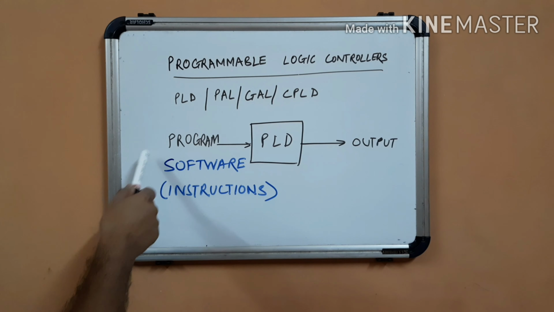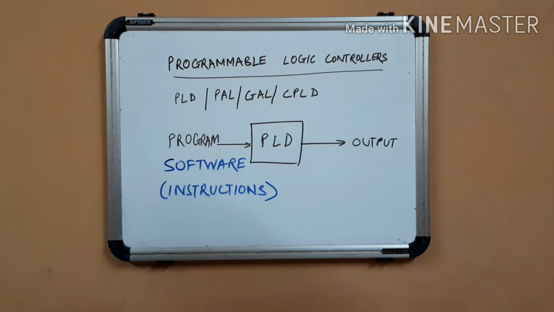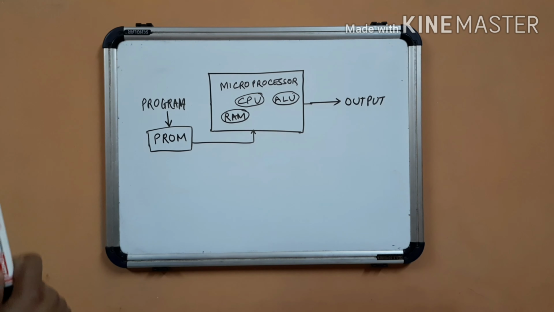Now the flexibility of software, because everyone is accustomed to software, is that anything can be changed, saved and modified very easily. PLDs had a very limited amount of gates, so they were used to implement very simple circuits.